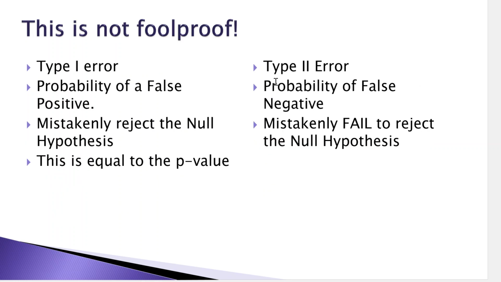All right, got a little bit more to talk about. This is not foolproof. This is all based on probabilities. That p-value is the probability that even though you followed this process correctly, your sample really does have a problem with it. Okay, so there are two types of errors that come into play. One of them is called a type 1 error, and I think of that as a false positive.